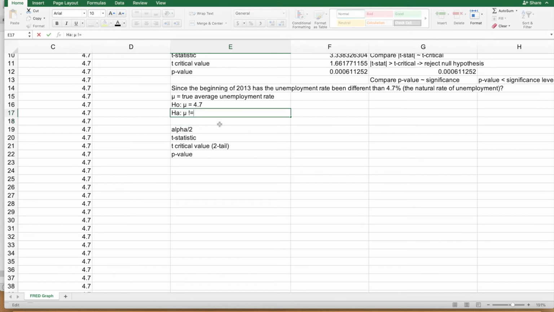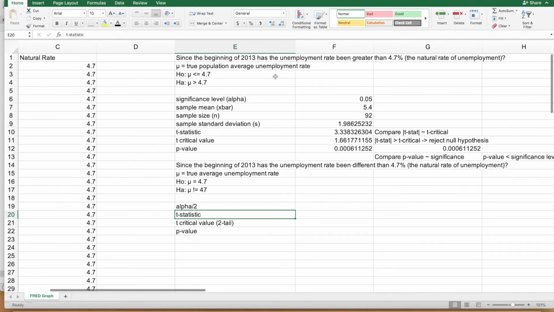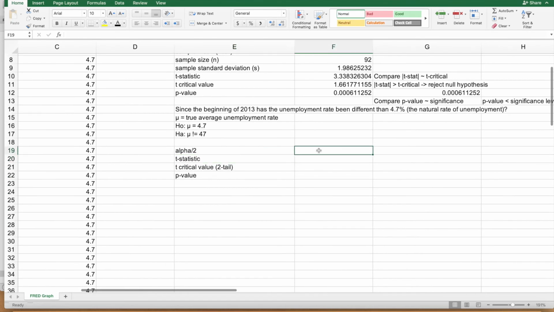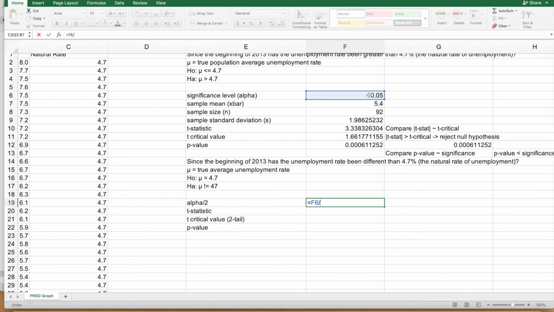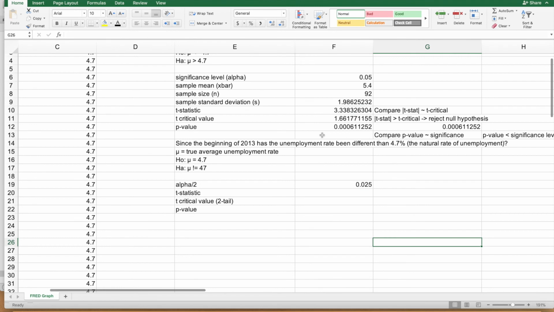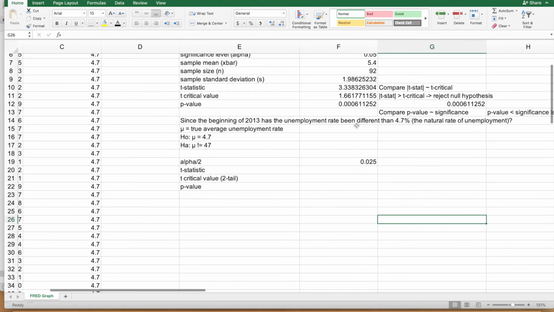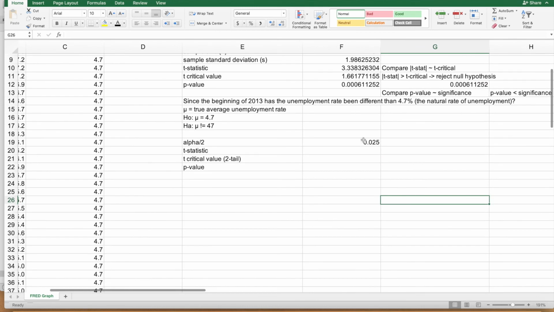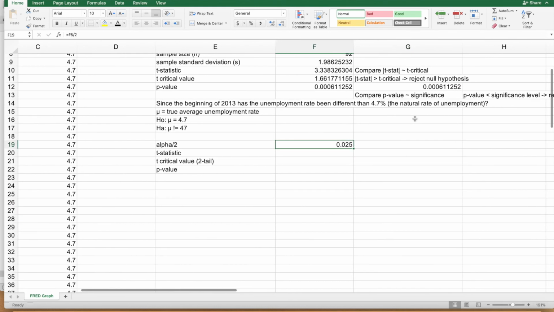The alternative is that they are not equal because we're not providing direction in the question the way we were up here. Alpha over 2 is going to equal this divided by 2. Why am I doing alpha divided by 2? Because I'm remembering that when I do a two-tailed test, I need to compare my p-value to alpha over 2.